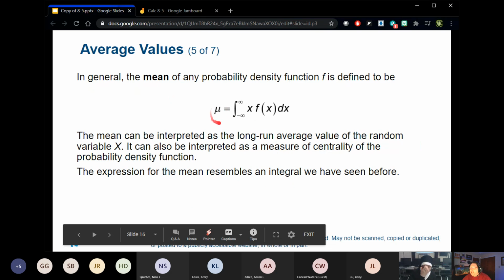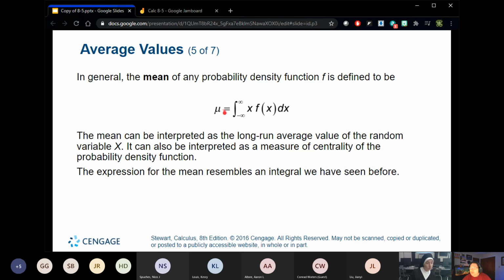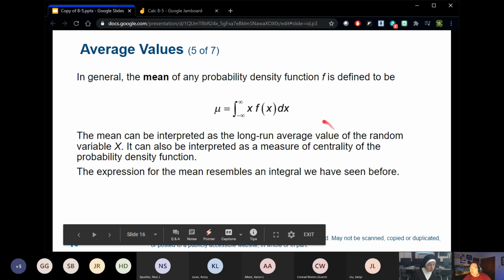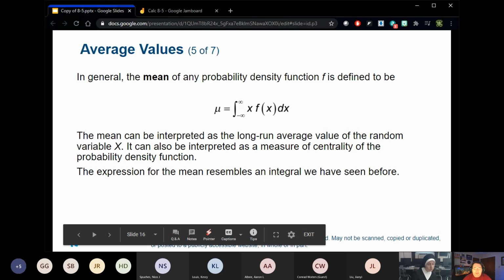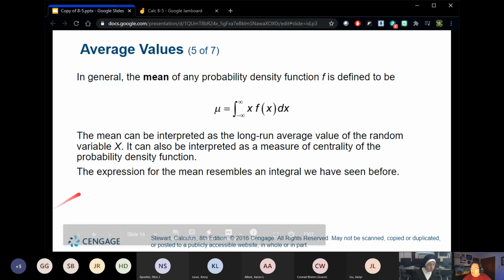So that's my symbol for mean, the u, or mu. You've probably seen that before when you're doing mean in a lot of different places, or if you did any kind of standard deviation or probability before, you've seen that symbol. So the mean is the integral from negative infinity to infinity of x f of x, just like we were doing with the functions before.